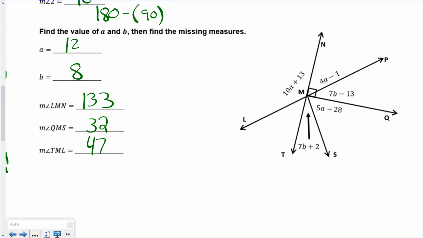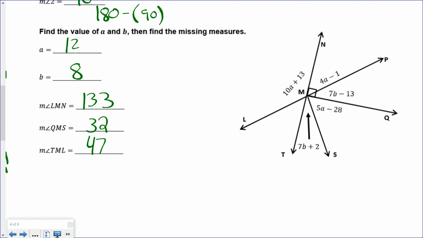The two angles that have B, this one and this one, is there a relationship between those two angles? No. So can I do anything with those two angles? Can I combine them in any way? No. So what you have to do to find B is use A. You're going to plug A into one of the angles, like this one, for example. These two angles are complementary, right? But in order to find this one, you plug A in.